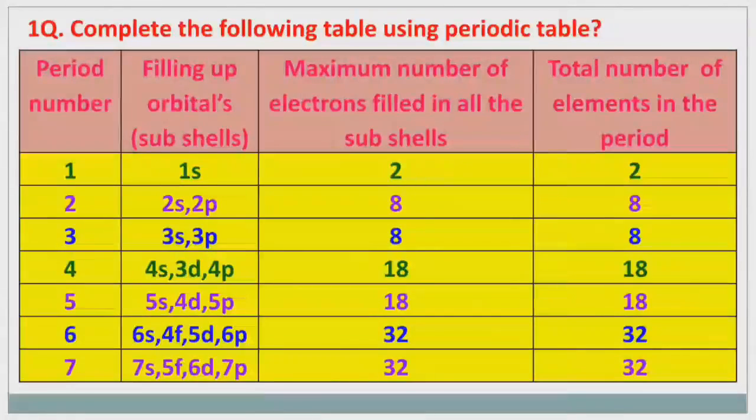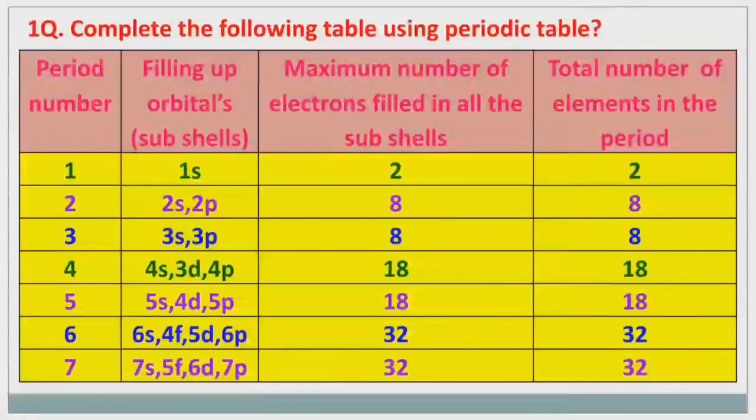In the second period the 2s and 2p orbitals are filled up. The maximum number of electrons in 2s is 2 and in 2p is 6. Total 8 electrons, that's why 8 elements are there in the second period. In the third period the 3s and 3p orbitals are filled up, so total electrons 8 and total elements 8.